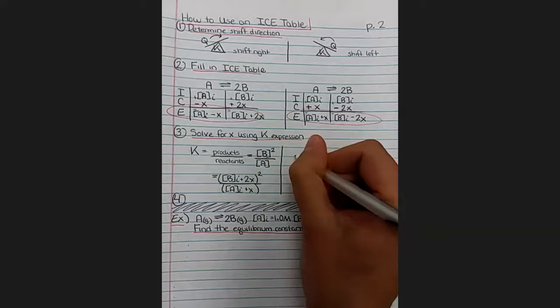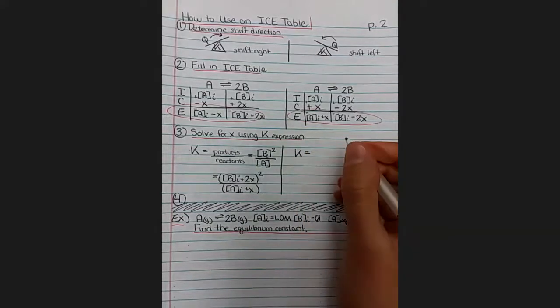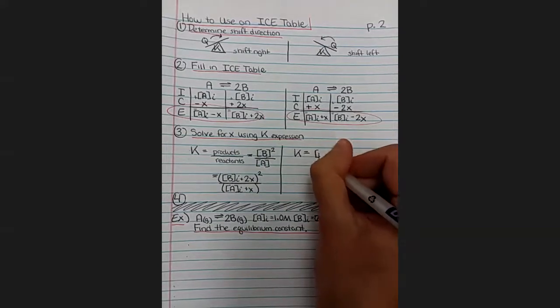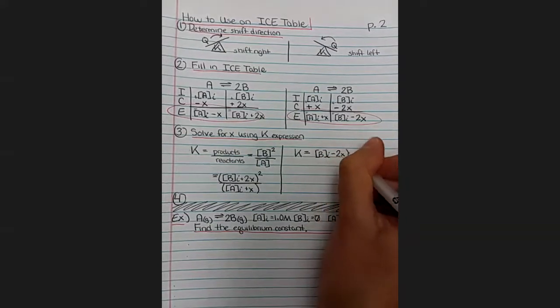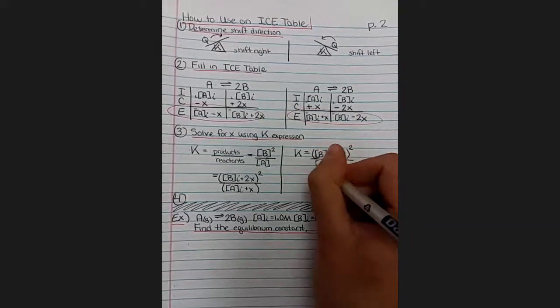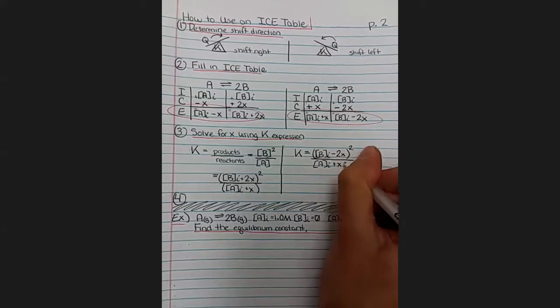And then if we wanted to do it for the shift left situation, we would do this value for B. So B initial minus 2x, that whole thing squared, divided by initial concentration of A plus x.